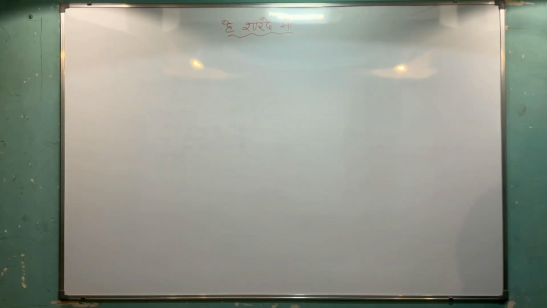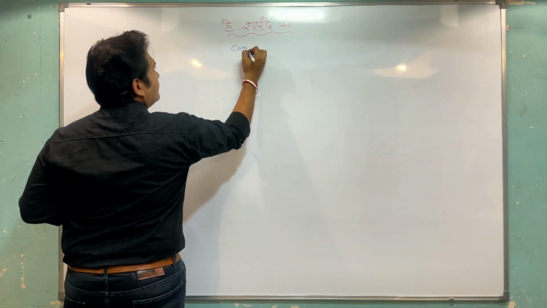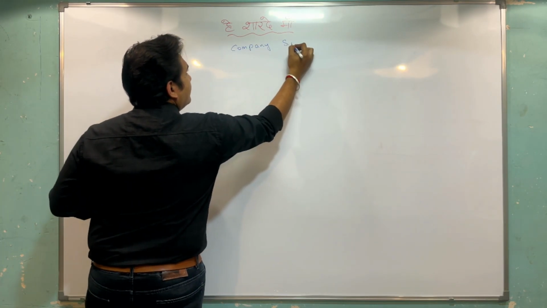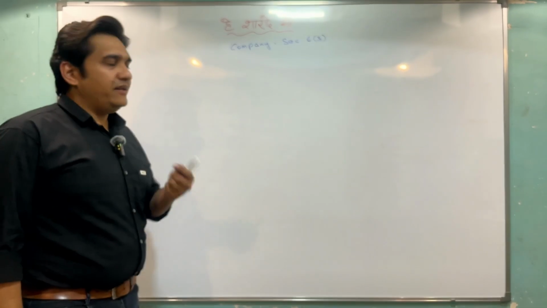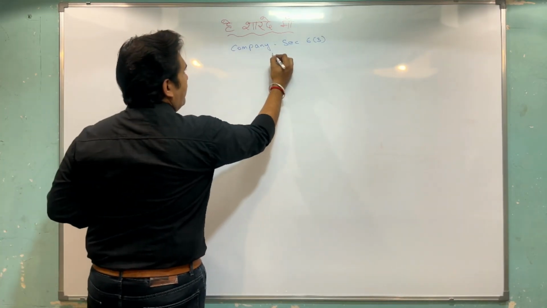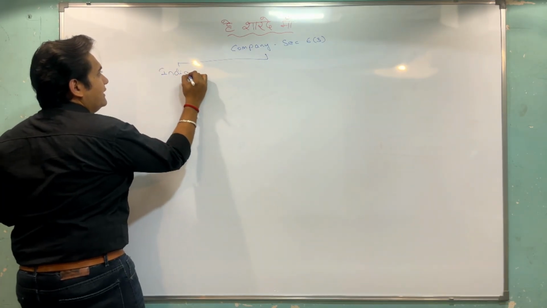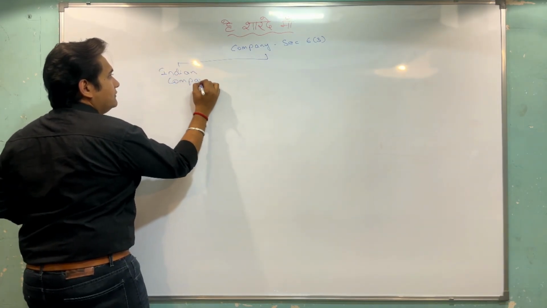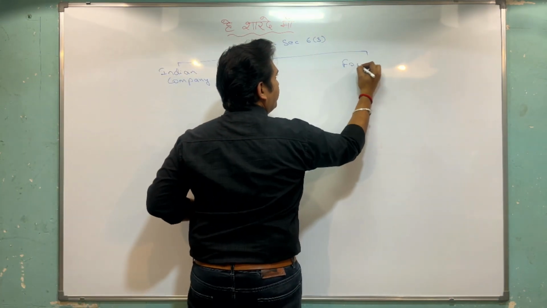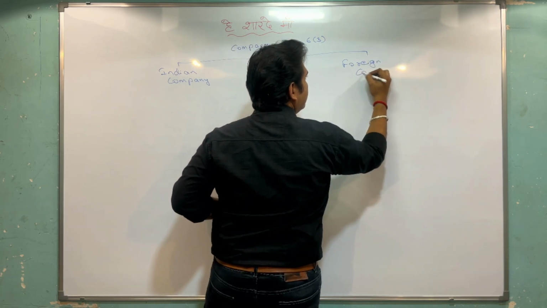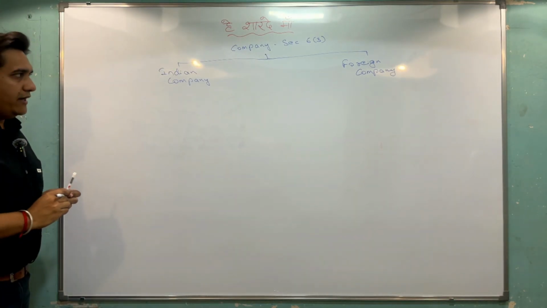When it comes to company, Section 6(3) provides the conditions under which a company would be resident. There can be two types of companies: one is an Indian company, and the second one is a foreign company.